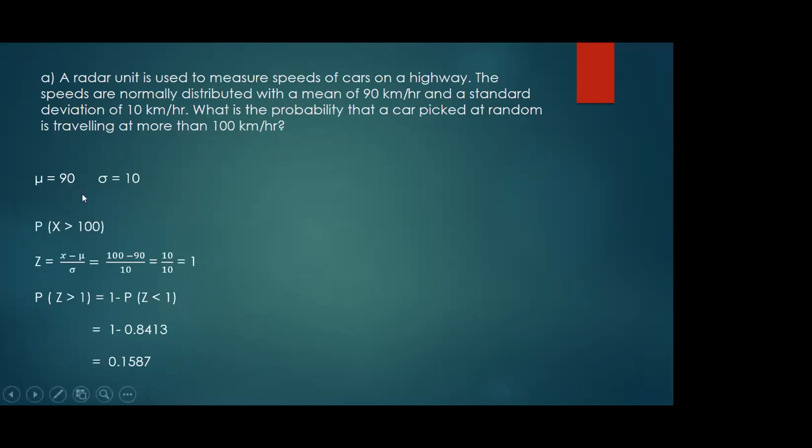So the first thing we have to do is write down what we were given. We know that we have a mean of 90 and a standard deviation of 10. Then we need to write down our probability statement. The question is, the probability a car picked at random is traveling at more than 100 kilometers per hour. So the probability statement is going to be the probability that X is greater than 100.